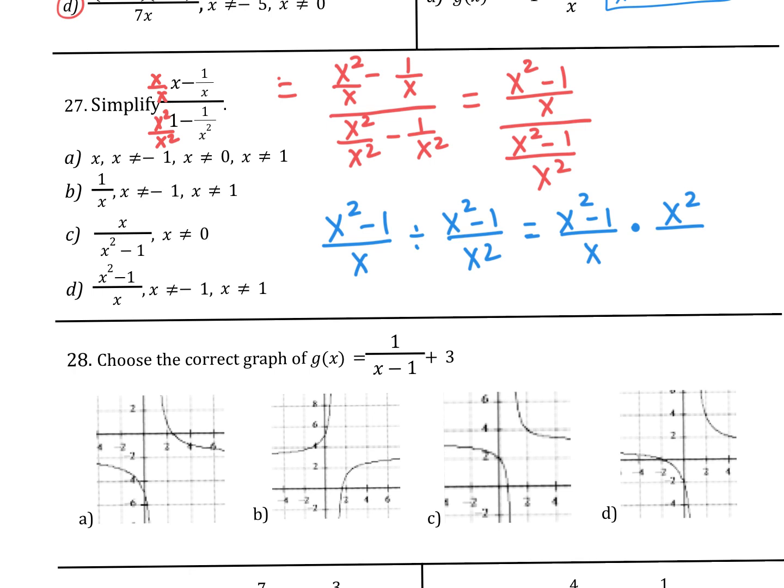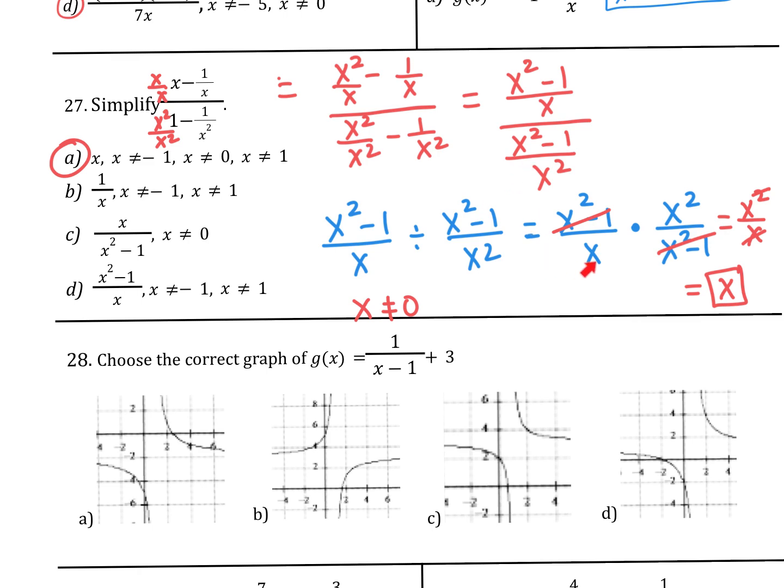So the second fraction would be flipped, and then cancel anything that is common. You got here x squared over x, and then one of the x cancels. Your answer is just x, which is letter A. And state the domain as well, that x should not be equal to 0, which is on the bottom here.